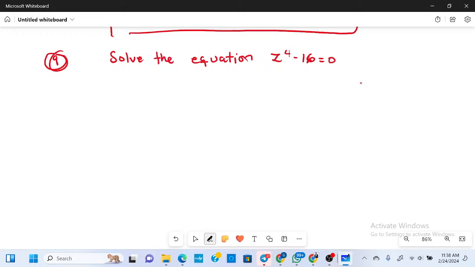So z to the power 4 minus 16 equals 0. Let's quickly solve this. At this point, I'm going to introduce de Moivre's theorem to solve this problem. So you know that z to the power 4 equals 16. I'm going to have z is equal to 16 to the power 1 out of 4.